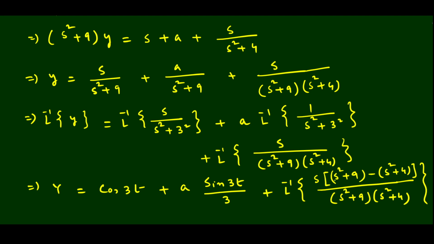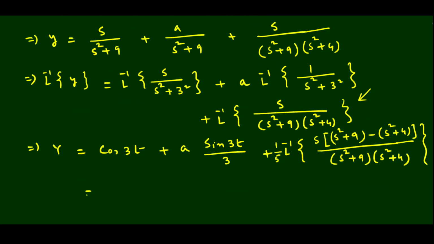So in the numerator you see s square will cancel out. But we have 9 minus 4. 9 minus 4 is how much? 5. But in this particular line there is no 5. So this 5 we have to balance outside. So let us write 1 by 5 outside. Okay. So other things are as it is.